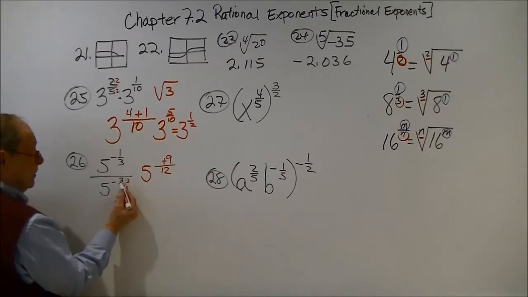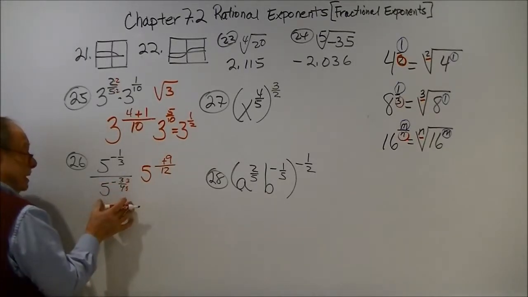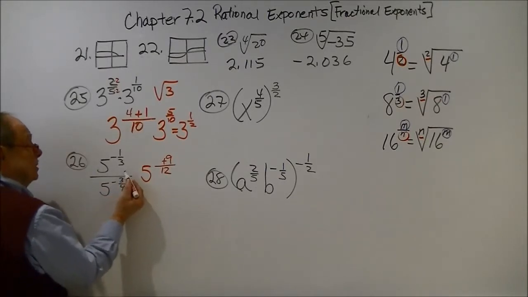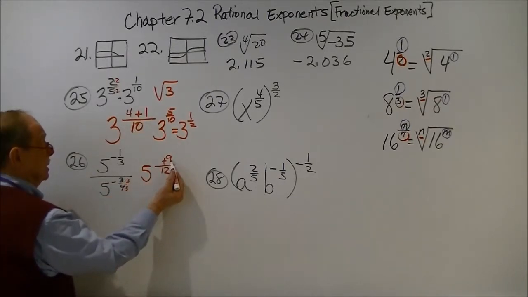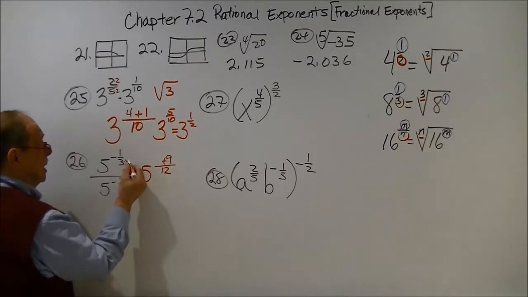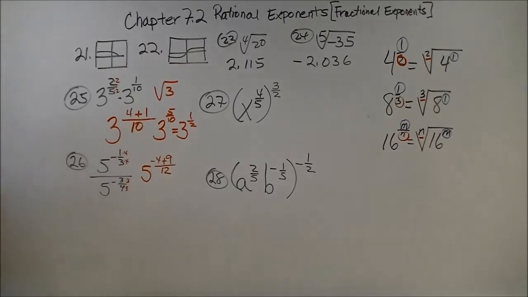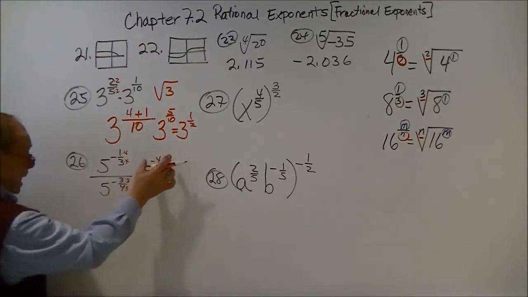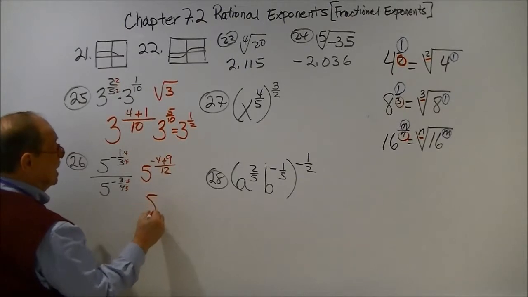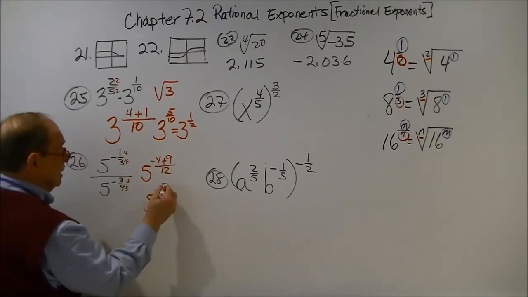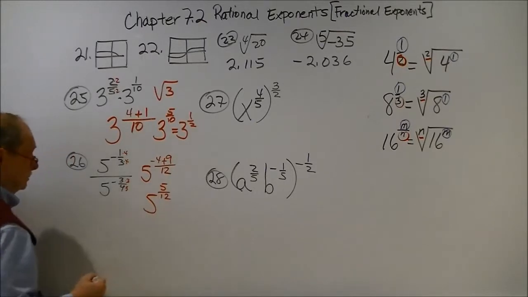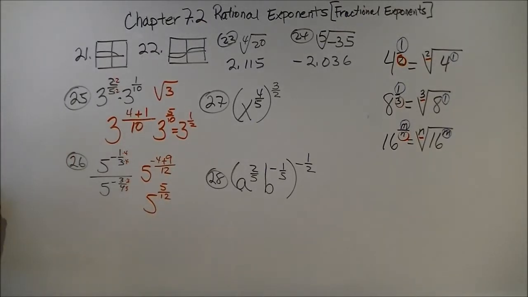This is a negative 9 twelfths in the denominator, but as we move it up to the numerator, it becomes a positive 9. And this we're going to multiply by 4, and that becomes a negative 4. So now we just add them, so we get 5 to the 5 twelfths. Okay? And let me check that, number 26. Yep.